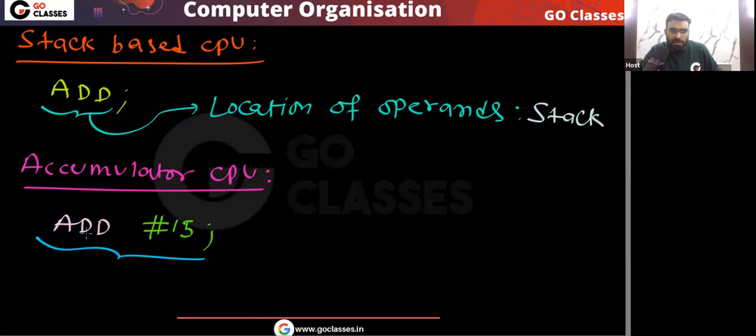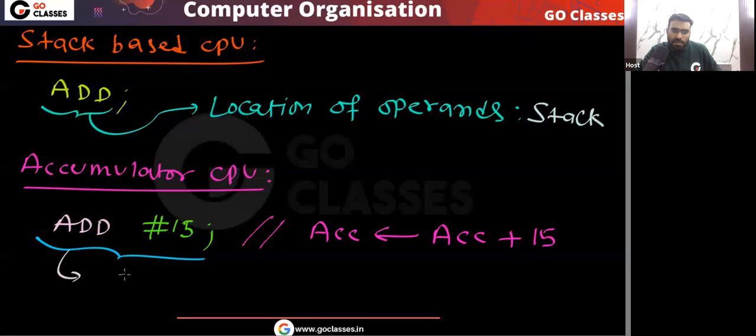The first operand will be in the accumulator, right? The meaning of this instruction is that in the accumulator you put the accumulator plus the value 15. The first operand, the accumulator, uses which addressing mode?